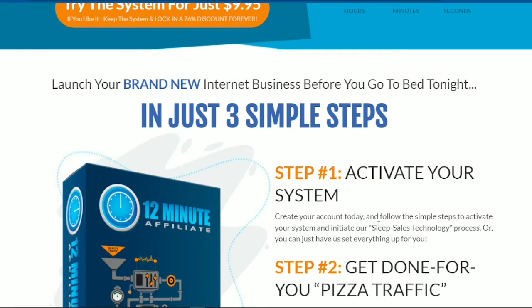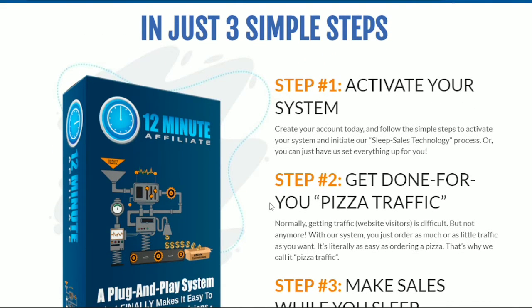You can sign up and then follow the simple steps to activate your system and initiate the sleep sales technology process. Or you can just have them do the setup and everything for you. Then step 2 is get done for you traffic. So it will be depending on your budget.